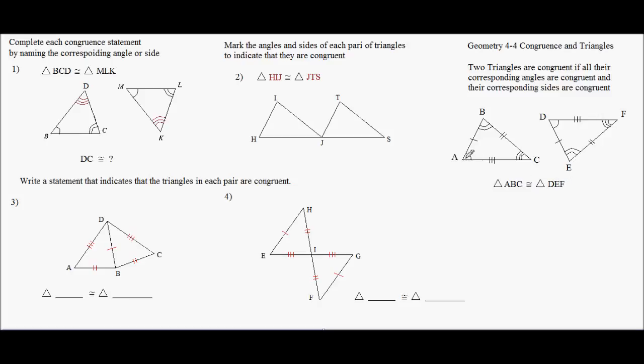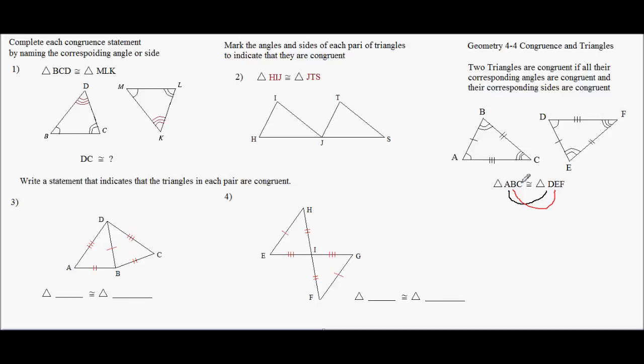And we also make sure that A corresponds to D. The order is very important. The A and the D correspond to each other, and the B and the E correspond. B and E have two marks. And then three marks for C and three marks for F. See that?